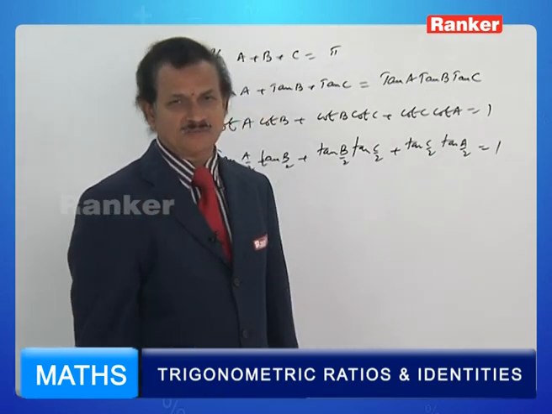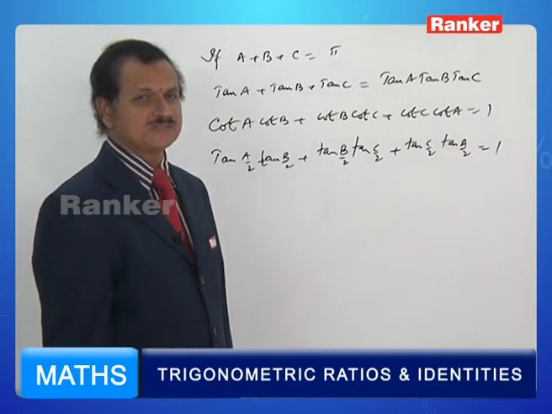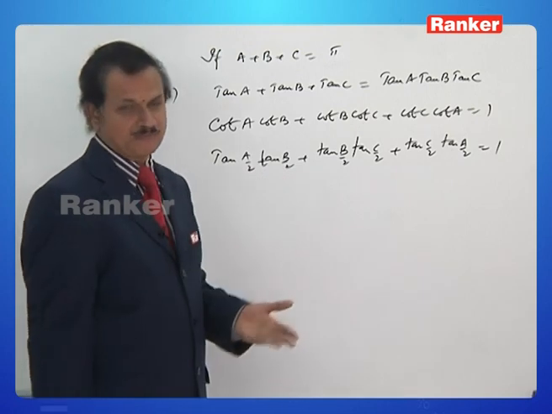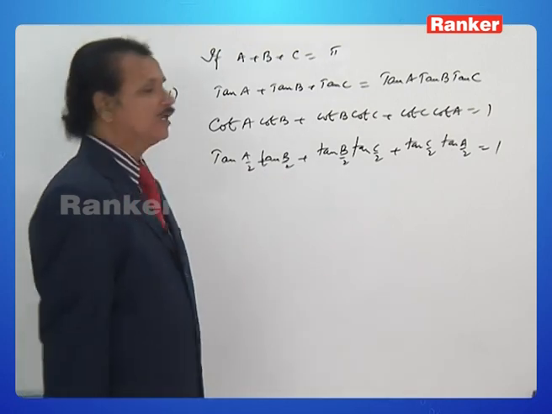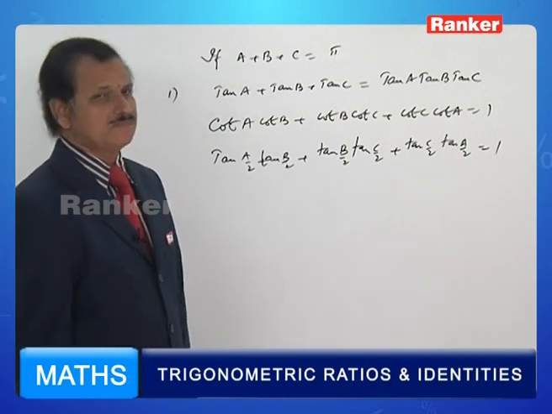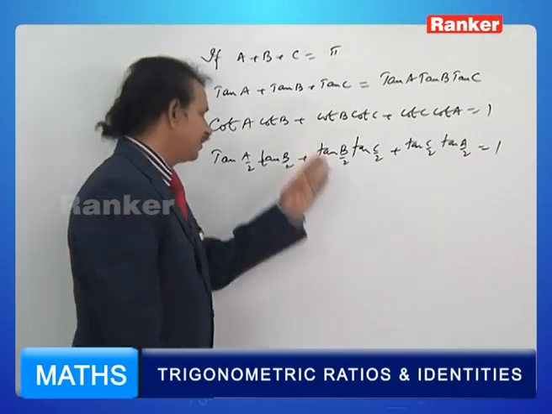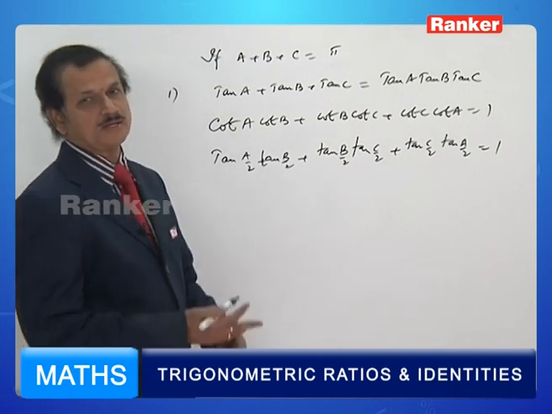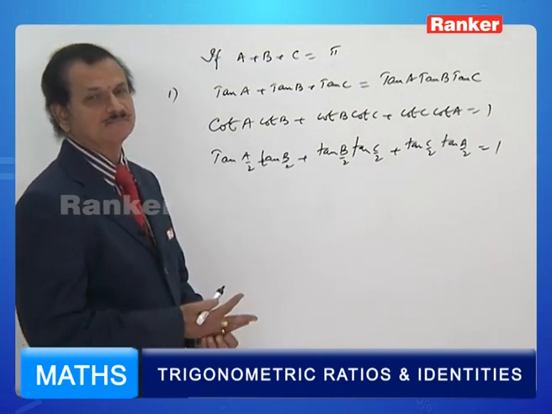Previously itself we have seen what happens when a plus b plus c is 90. Of course, in place of a plus b plus c, we have a by 2 plus b by 2 plus c by 2. Their sum is 90. So we have tan A by 2 tan B by 2 plus tan B by 2 tan C by 2 plus tan C by 2 tan A by 2 is equal to 1.